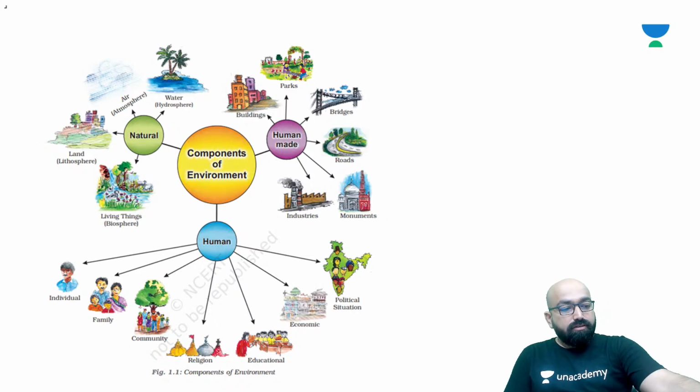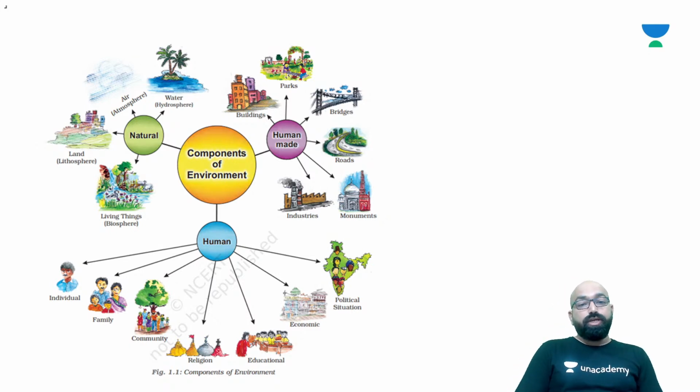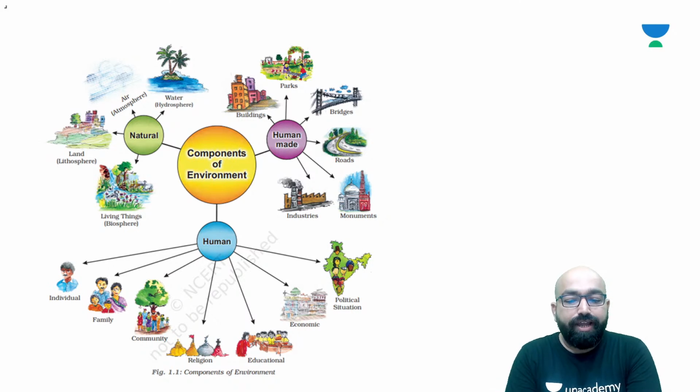Then when we are talking about human components, like individual, family, community, religion, educational, economic, and political situation. So friends, these are the components of environment.